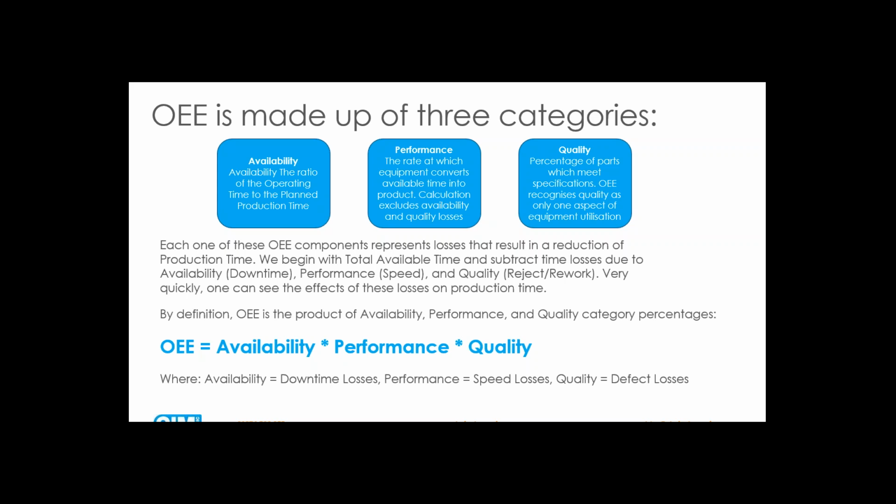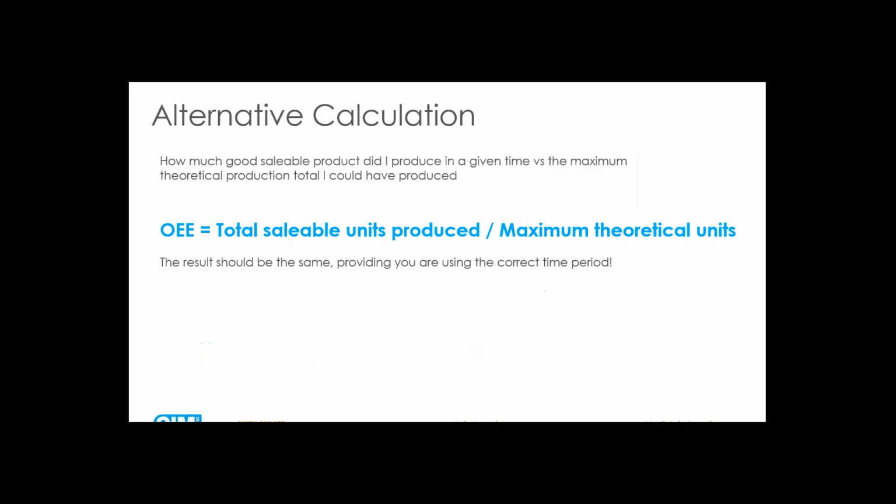So that's the calculation. OEE is, in percentage terms, the percentage availability multiplied by the percentage performance multiplied by the percentage quality. And it says at the bottom, availability is downtime losses, strictly speaking, performance is speed losses, and quality is defects. Alternatively, if you don't have the full level of detail for availability, performance, and quality, then you could do a simpler high-level calculation that should give you the same result.